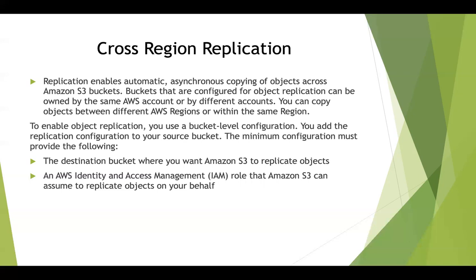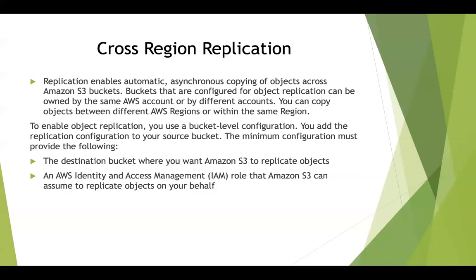Similarly over here, you want AWS to copy the contents of your source bucket to a destination bucket that you own or someone else owns, and you want AWS to do it on your behalf. So for any action that AWS has to do on your behalf, like copying the objects from one S3 bucket to another S3 bucket, an IAM role will be configured.